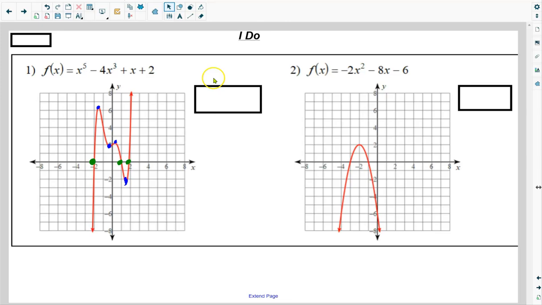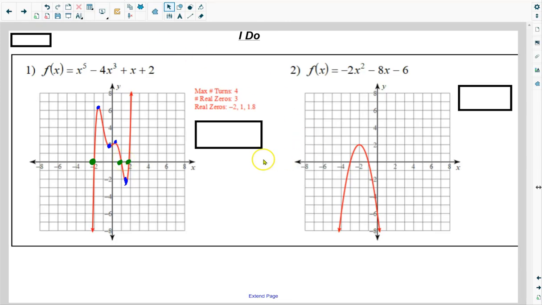So if we look at the solution, max number of turns 1, 2, 3, 4. Number of real zeros 1, 2, 3, and we'll be asked to identify those zeros. So -2, 1, and 1.8. So anyways, we do the same thing here.